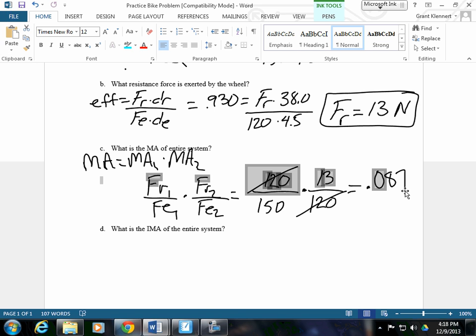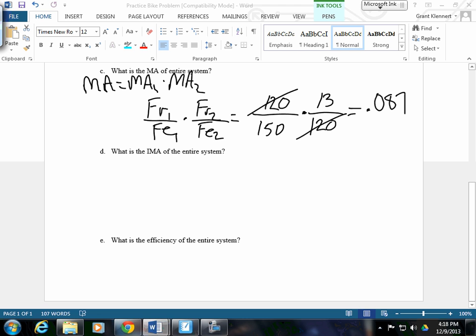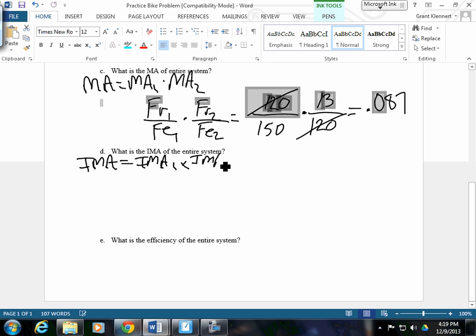Continue now with part D. D is asking what is the IMA of the entire system. We're going to do the same thing we did with MA, except IMA is equal to IMA1 times IMA2. IMA, remember, is equal to DE1 over DR1 times DE2 over DR2.